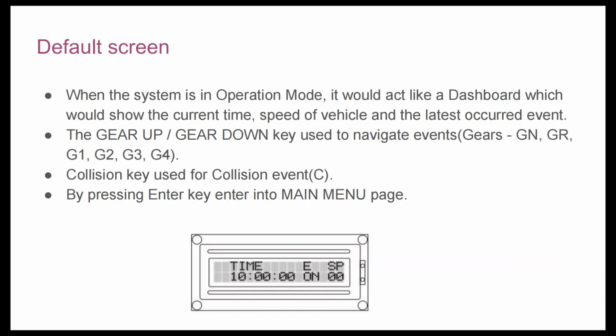EEPROM, RTC. EEPROM we don't need as of now, just to display. Don't go to the storage part, we'll just display the default screen. Switches, CLCD, potentiometer, RTC. Nice. These four things we need.